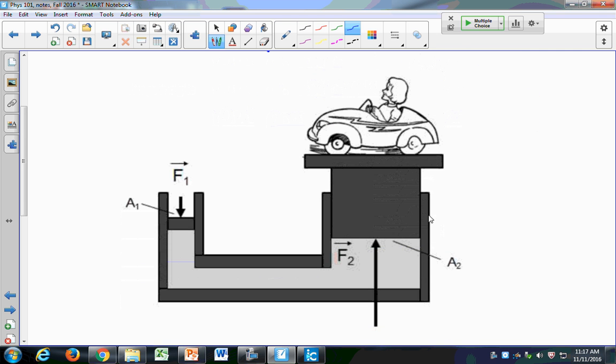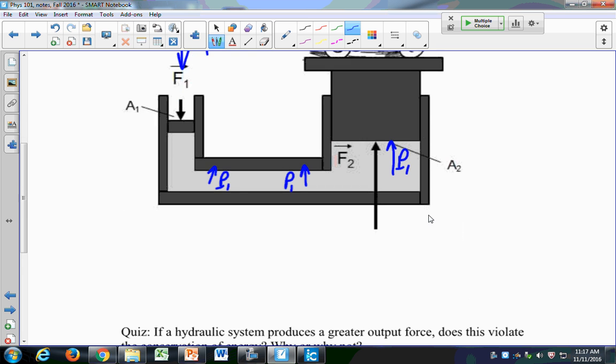If I put in some pressure P1 here, that pressure is felt all the way throughout this system at every point, including over here. Whatever pressure I put in, I will feel throughout the entire system, because that fluid is incompressible.